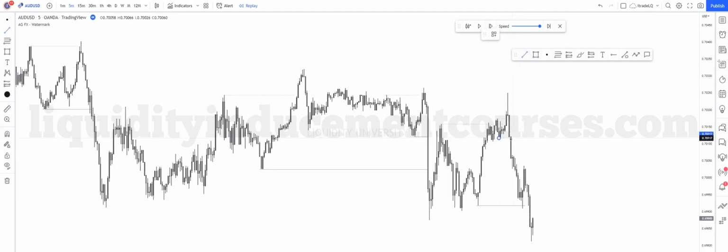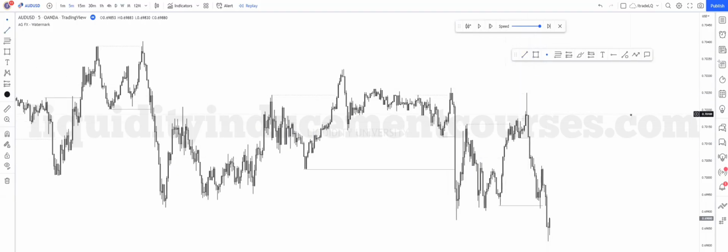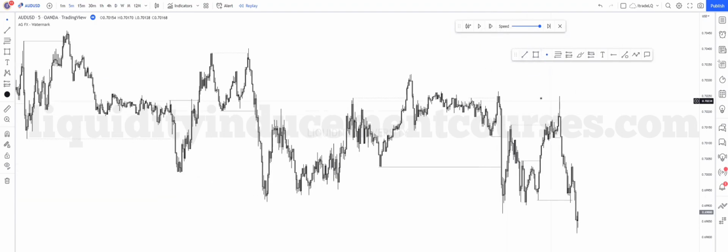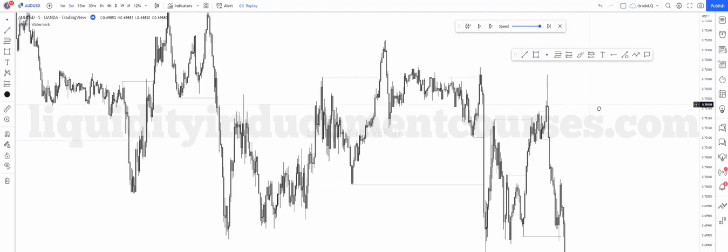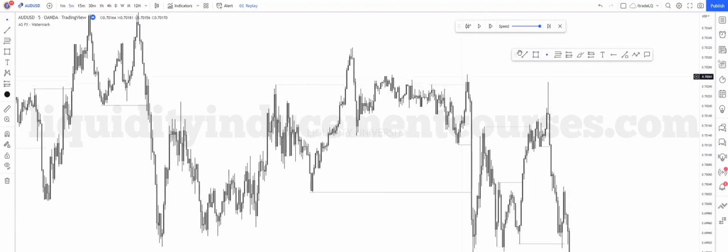Here's another one right here. All right, that was inside of the bigger one. All right, let's start marking up some strong lows. There's a strong low right here. There we go. Let's see. Just trying to find the obvious ones.